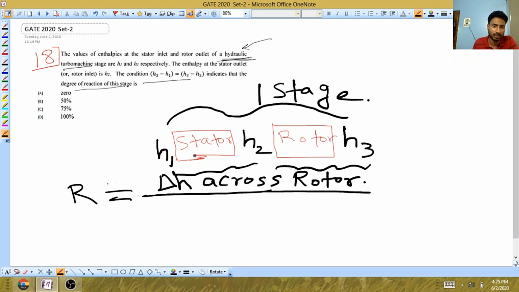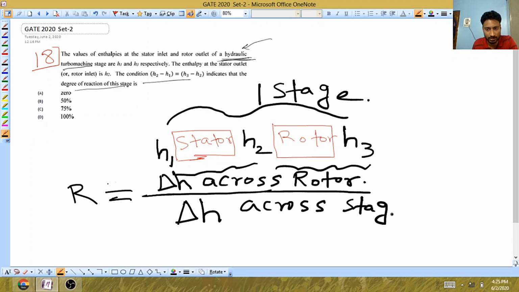Stator is the fixed part, and it is also called a nozzle in turbines, like the Pelton turbine we have seen. So R equals delta H, the drop in enthalpy across the rotor, divided by the enthalpy drop across the stage. I told you that this complete thing, stator plus rotor, makes one stage.